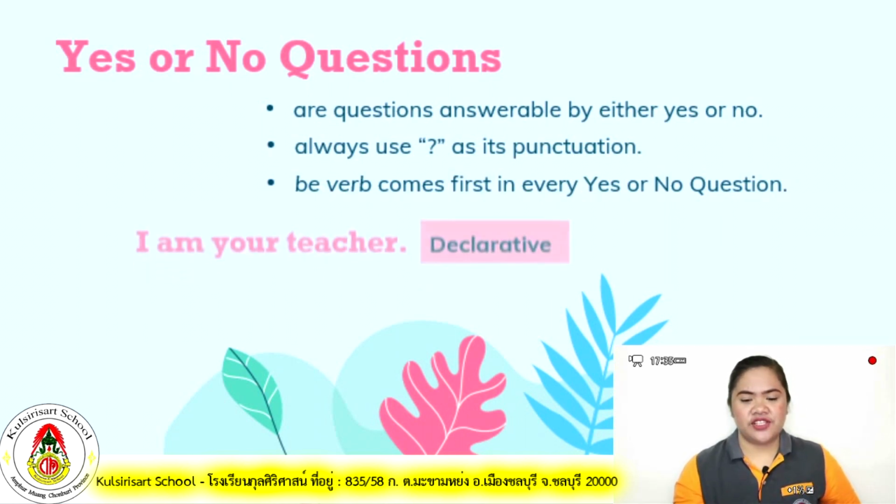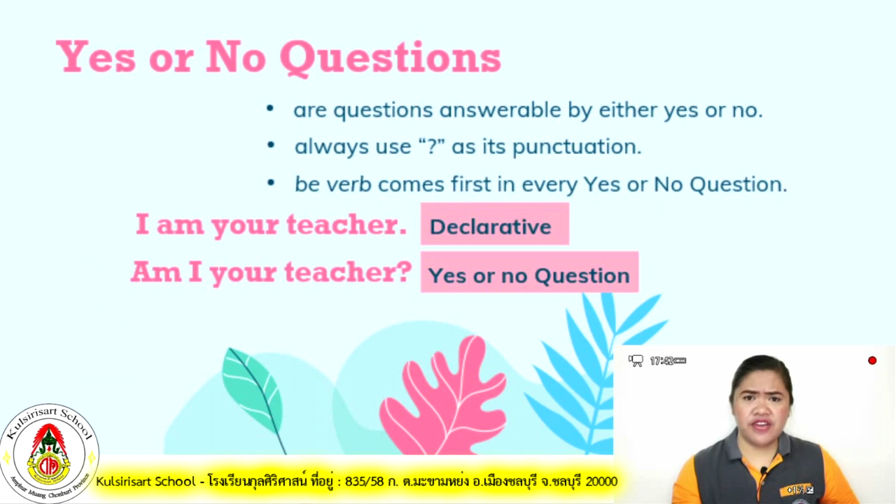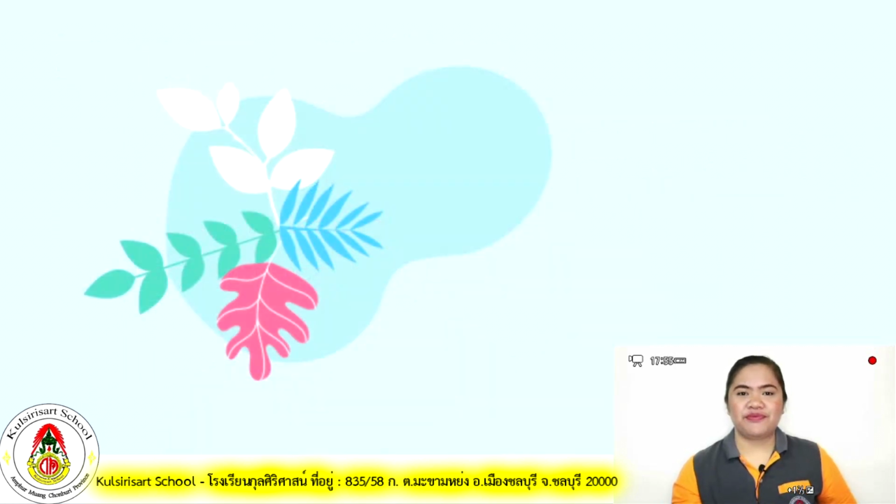Okay? So now we have the example, I am your teacher. It will become, am I your teacher? Okay? Be verb and the punctuation. Remember that. So now, we are finished with yes or no question. Let's proceed to the WH question.